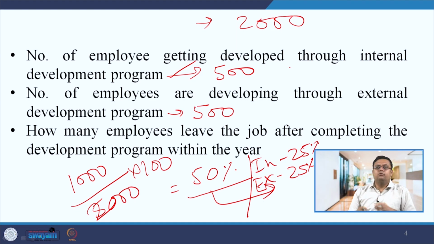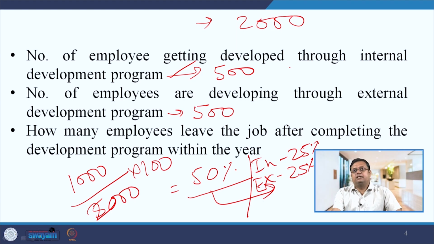That is how you can describe it to the management. And after that, for self efficacy and some other outcomes, you can do the comparison in order to understand which type of developmental program is better, the external development program or the internal development program.